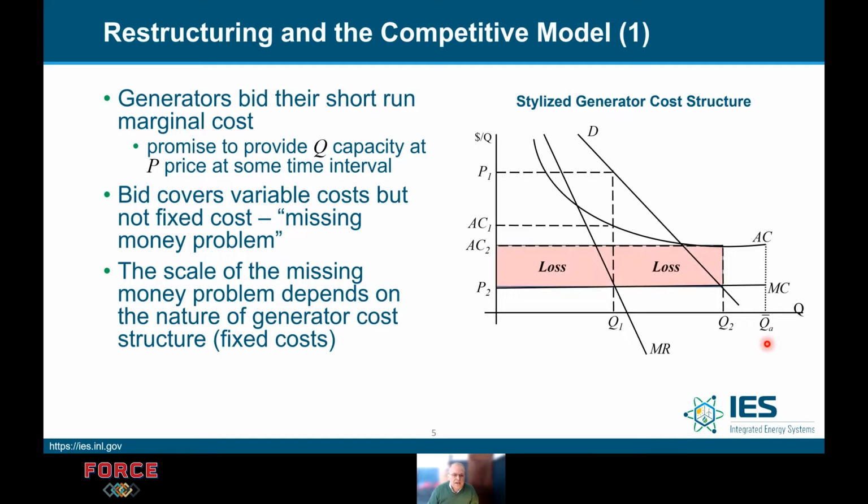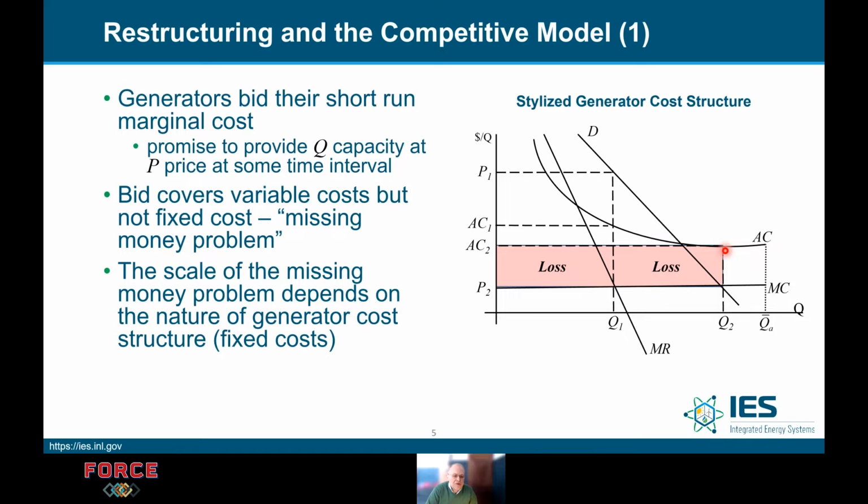If they do that, what do we see? The generator bids in their short-run marginal cost, which allows them to recover their variable cost of production, their fuel cost, operations and maintenance, things of that nature. But the marginal cost does not allow them to recover their average cost, where their average cost includes their investment capital and those large infrastructure investments that I spoke of previously.